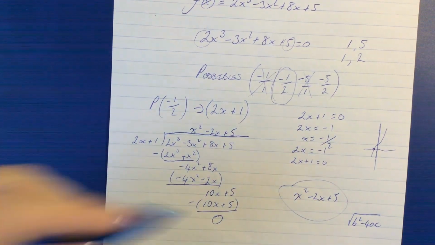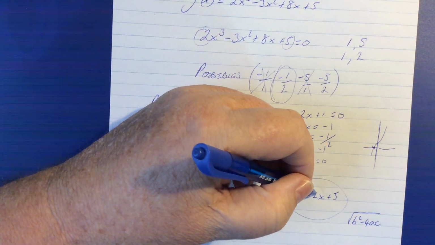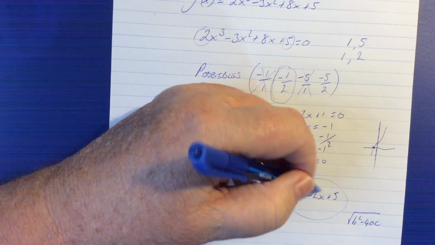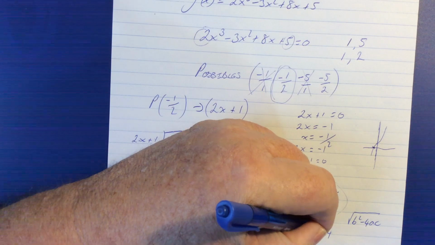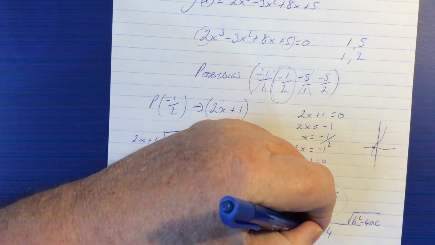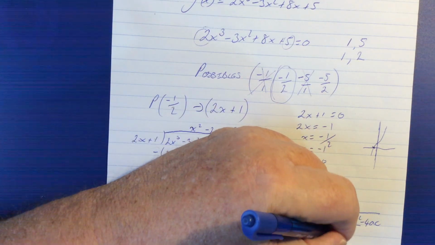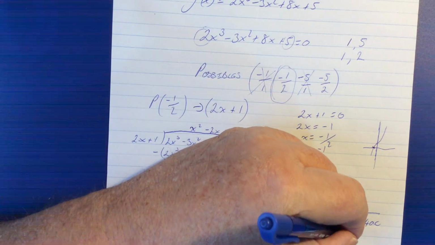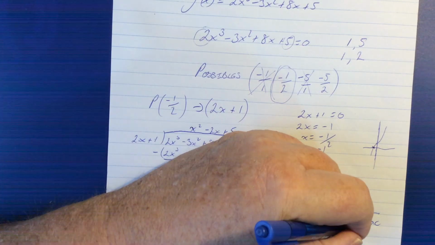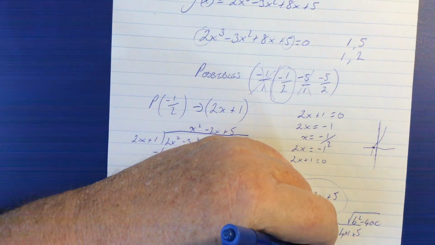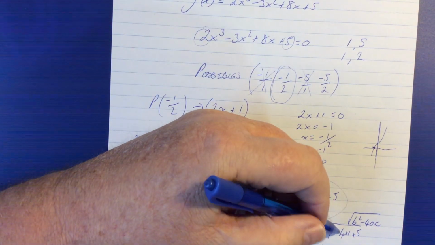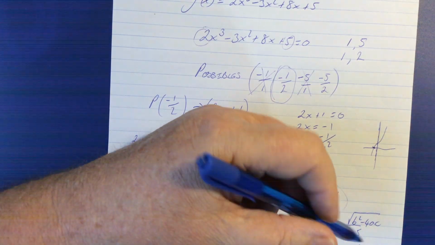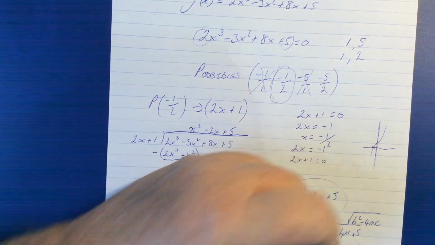So b squared is 4, negative 2 squared. That's 4. We're looking for the square root of 4 minus 4 times 1 times 5. And what we get for our trouble is 4 minus 20, which is negative 16.